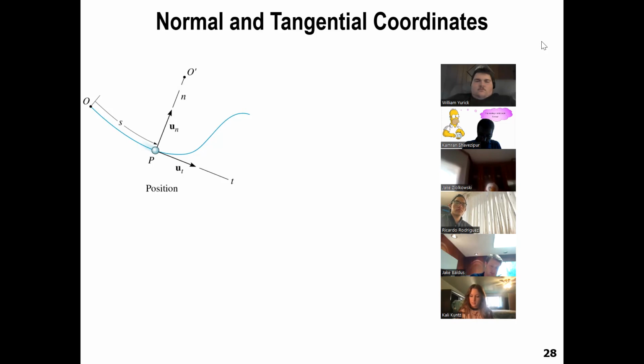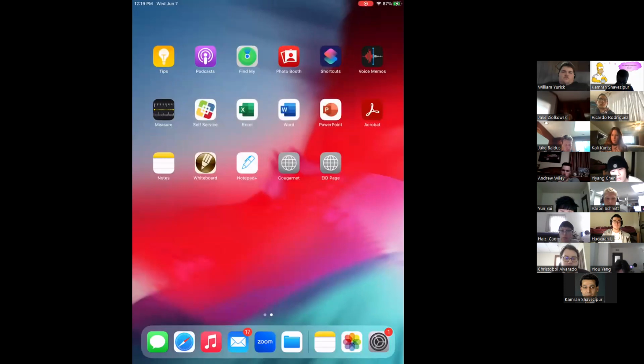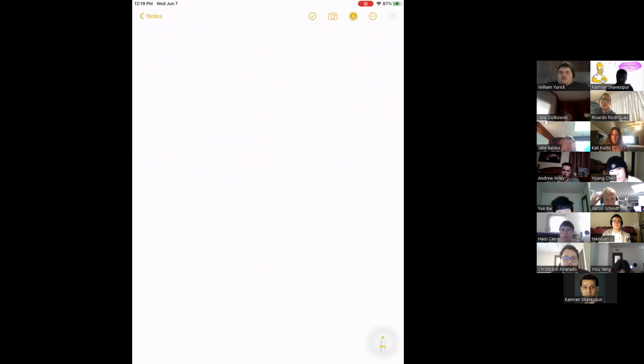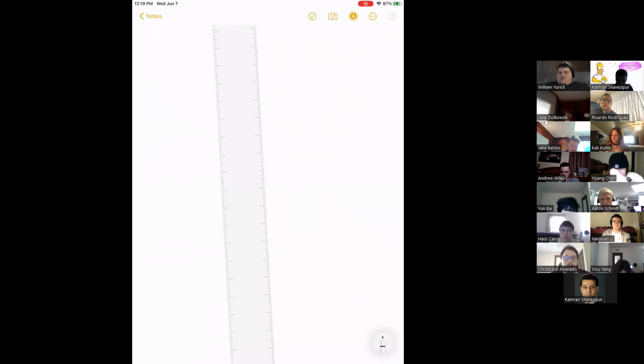Share the screen. No, the curvature is about the geometry, right? Forget about velocity. It's just pure math. Imagine, let's say, again, you have a function.